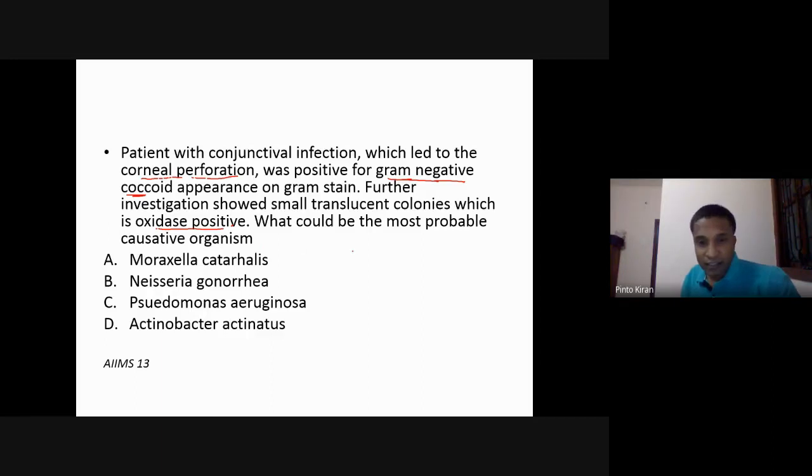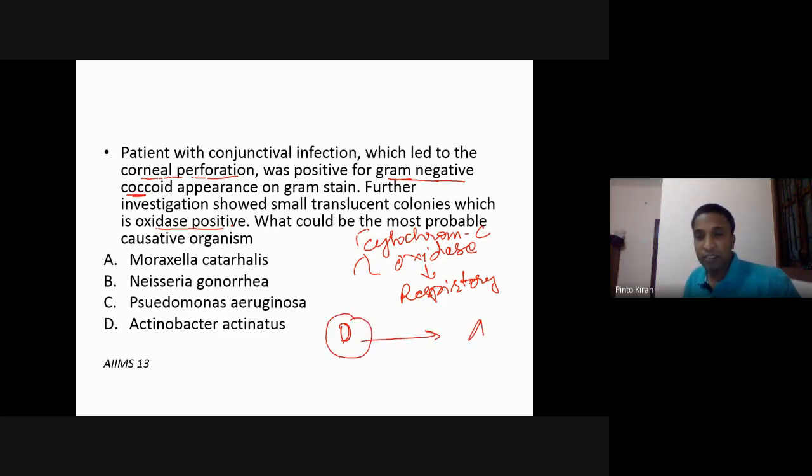Suppose the organisms normally have a respiratory chain. There are only certain organisms which have an enzyme known as cytochrome C oxidase. This is one of the enzymes of the respiratory chain. This is not present in all the organisms. Only certain organisms have this enzyme, which transports electrons from a donor agent to an acceptor agent.